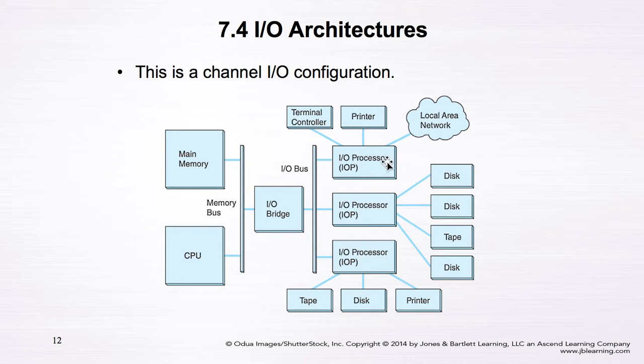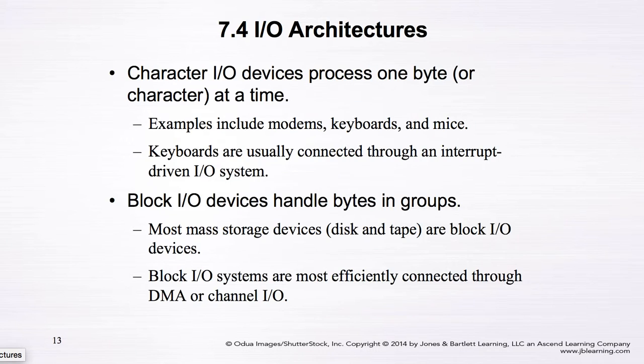For example, an I/O processor for the terminal control, for the printer, for disk, for tape, and another one right here actually. So you can see that there is a specific IOP for different I/O devices.